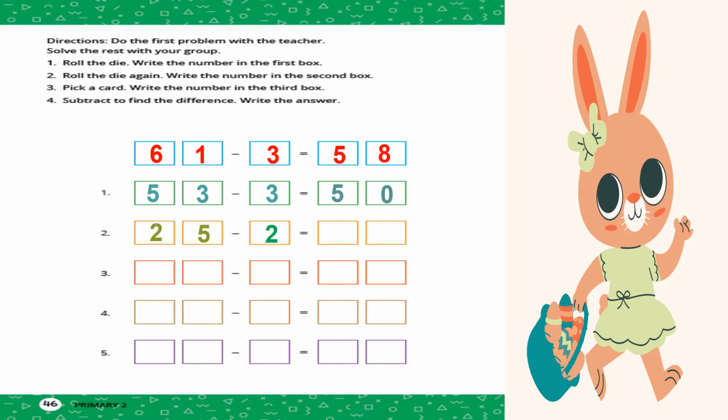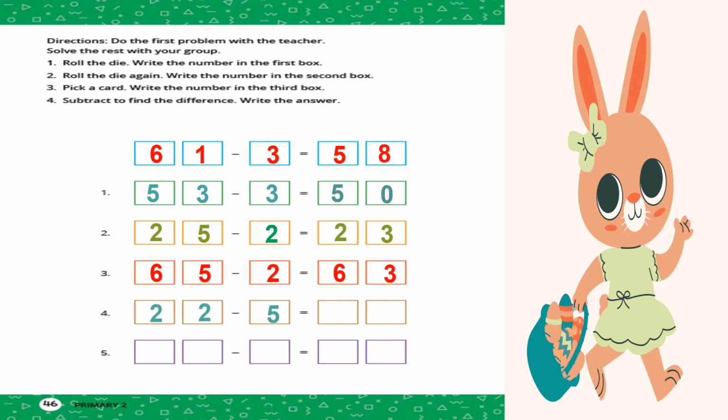Number 2. 25 minus 2. We will go backward 2 steps. What is before 25? 24, 23. Number 3. 65 minus 2. We will go backward 2 steps. What is before 65? 64, 63. Number 4. 22 minus 5.